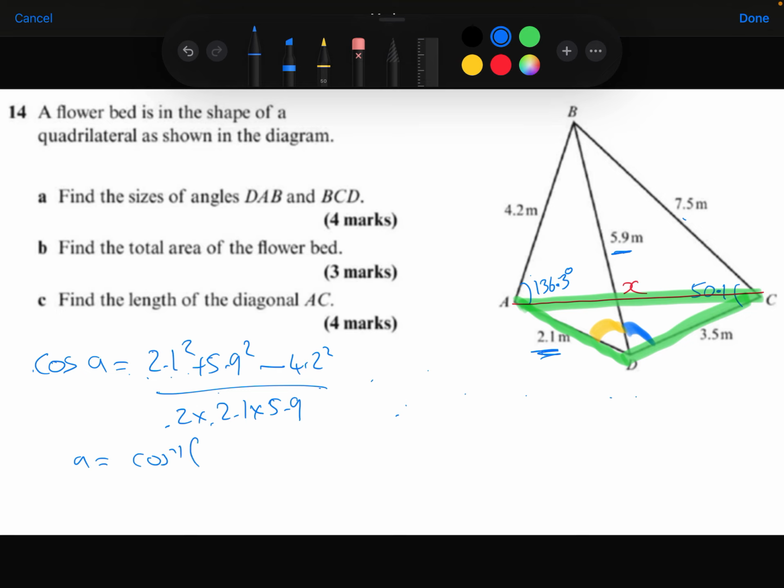And then I'll do cos inverse of that. So just bear with me while I work that out. I get 29.44.